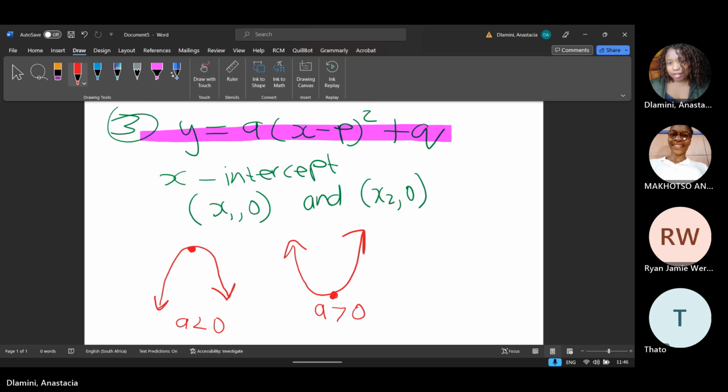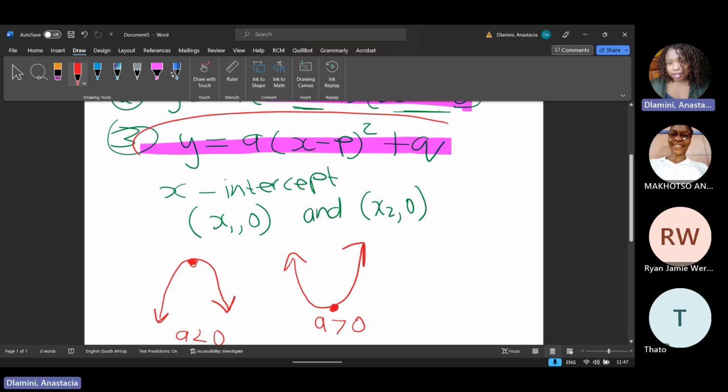Now, sometimes this point is called the vertex as well, but we also call it the turning point of a parabola. With this equation here, the coordinates of this point are given by (p, q).